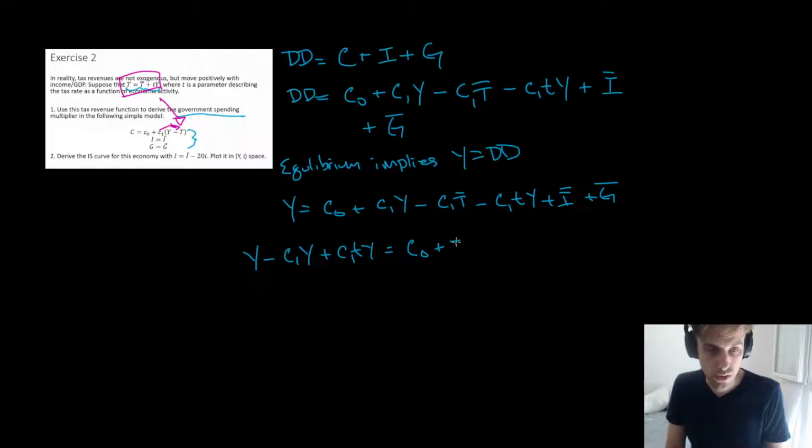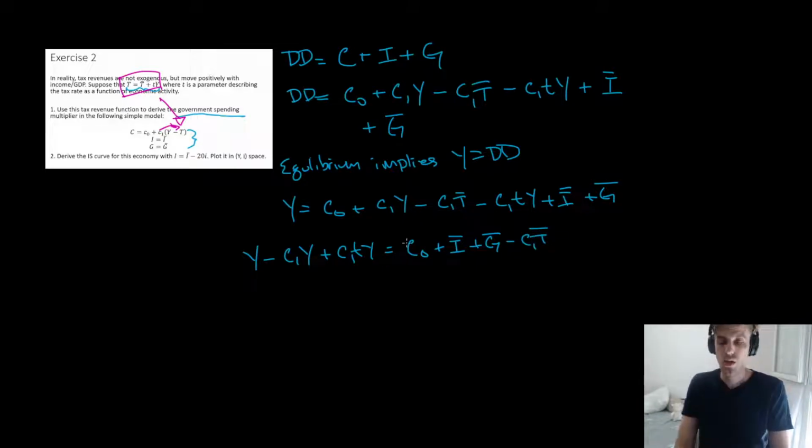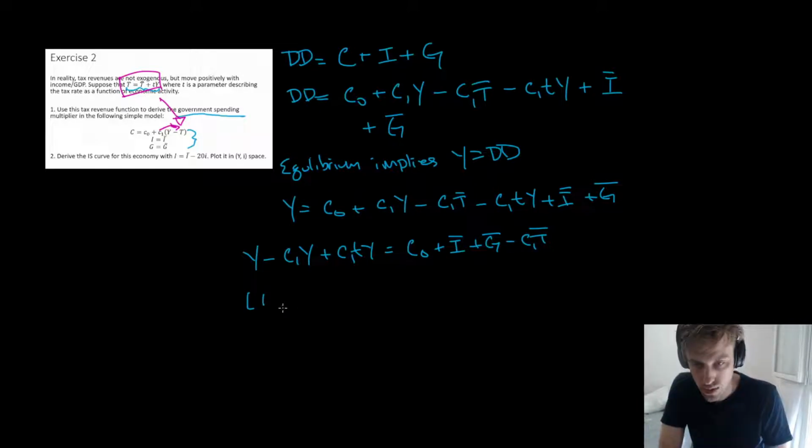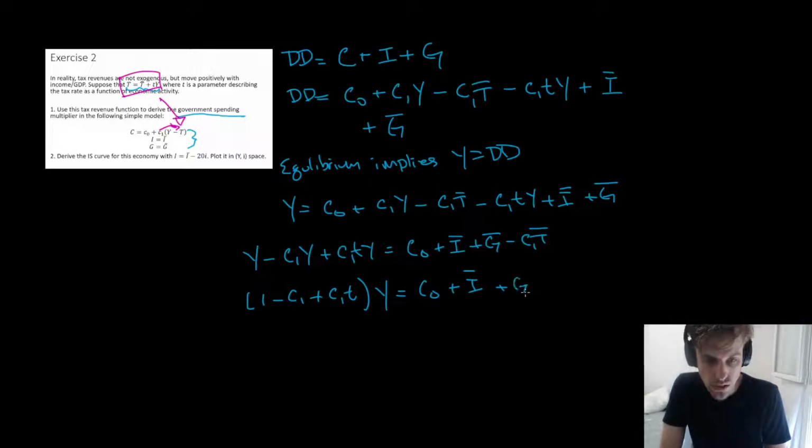Let's do the positive ones first, I bar and G bar. And then I'm missing c1. No, c1 Y goes out. Oh, yes, I'm missing minus c1 T bar. Okay, factor out a Y. We get 1 minus c1 plus c1 t, Y is equal to this T bar.